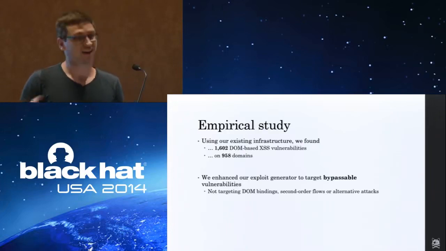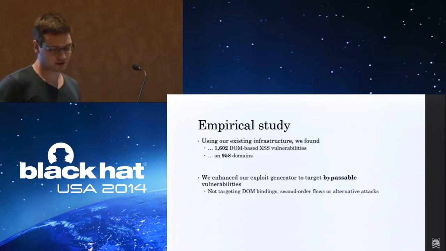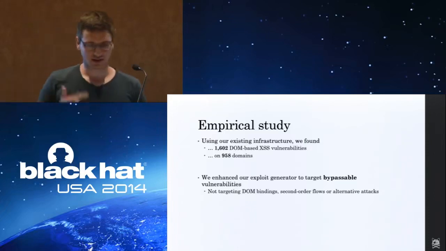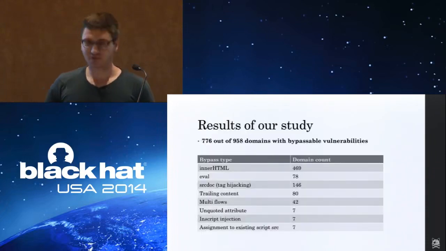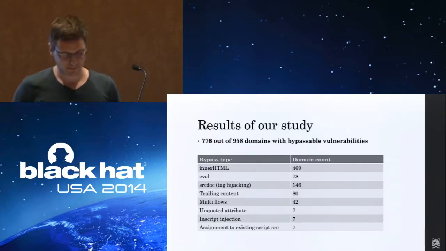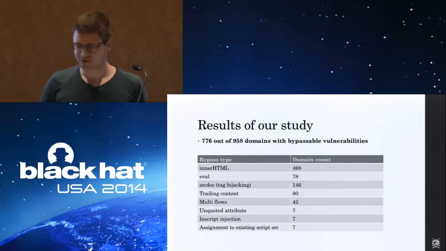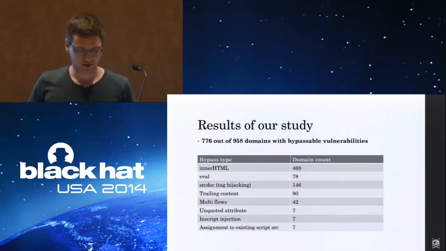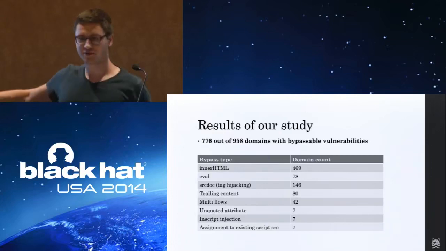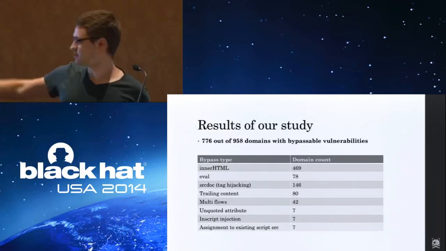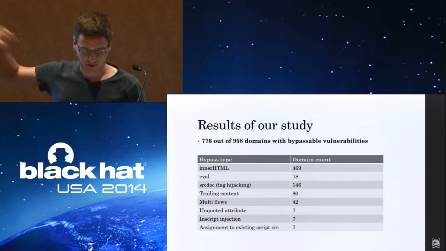And actually, we were not targeting the DOM bindings that I was talking about earlier. We were not targeting second order flows, and we were not targeting alternative attacks such as post message. But still, out of the 958 domains we had exploits on, we could successfully exploit 776. Never mind the domain count here. Obviously, if you build a sum on that, it would be way more than 1,000.